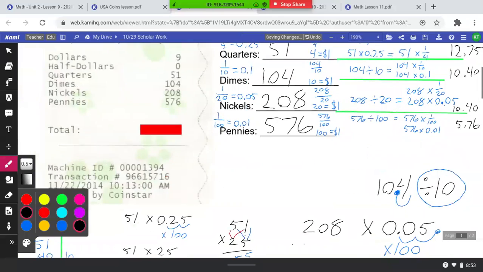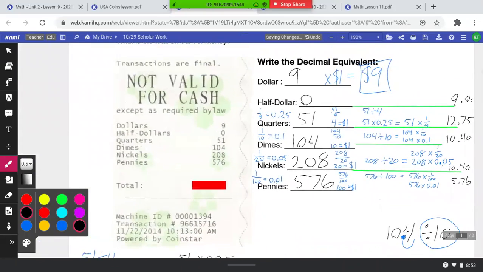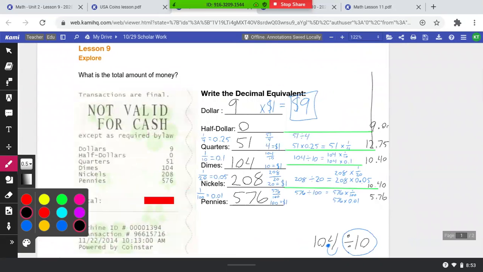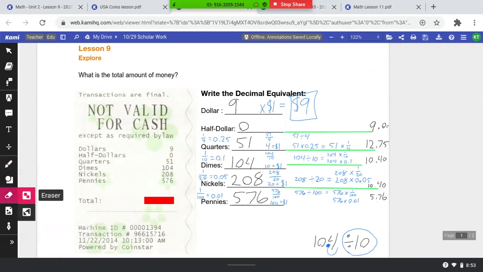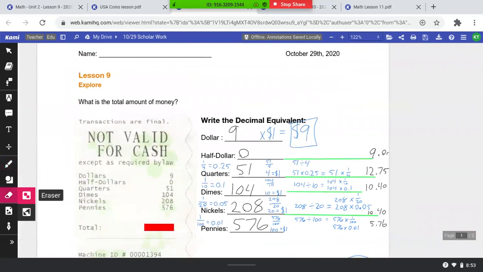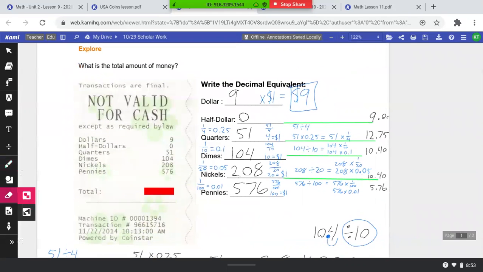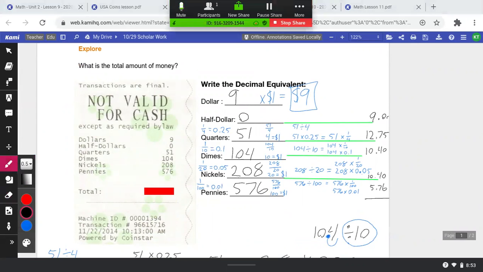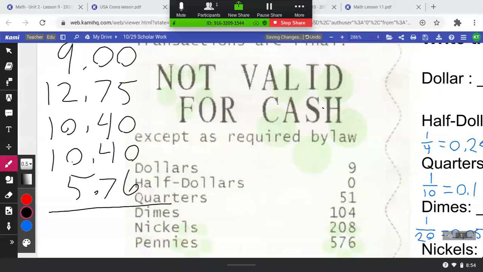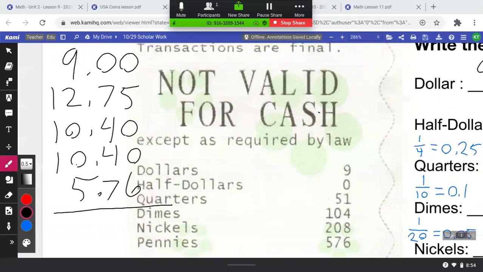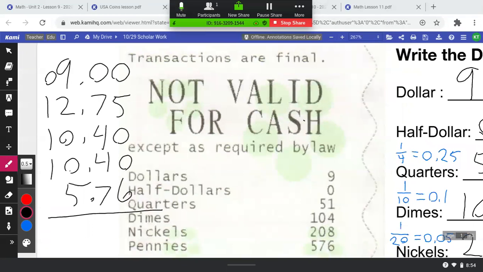So let's add all those up. Where am I going to do that at? Oh, my bad. So if I add all these up, in the missing spaces, I'm going to put a 0 because we're just revealing it.